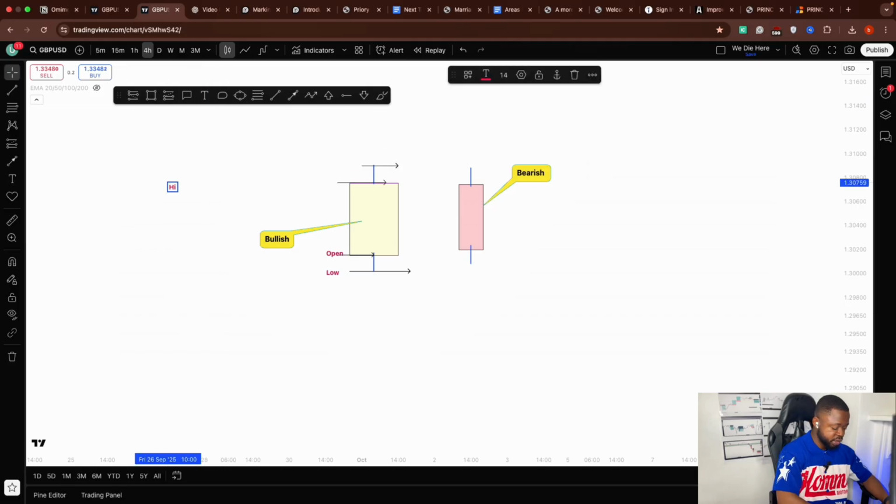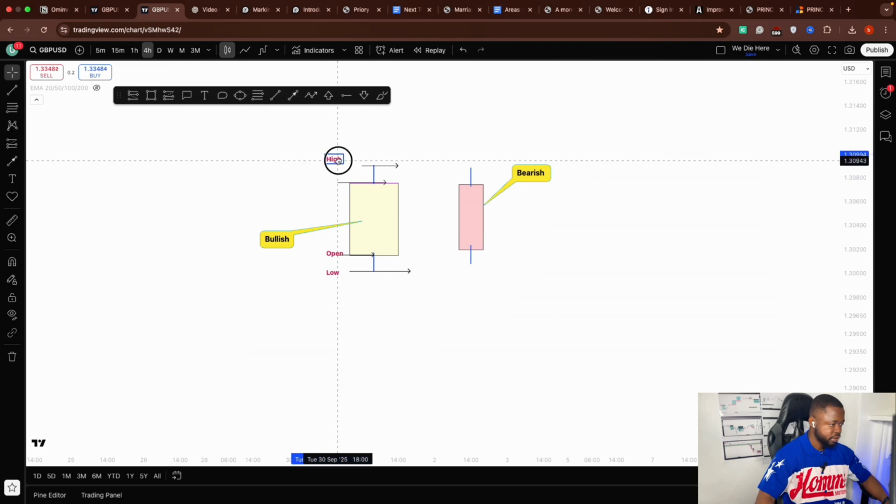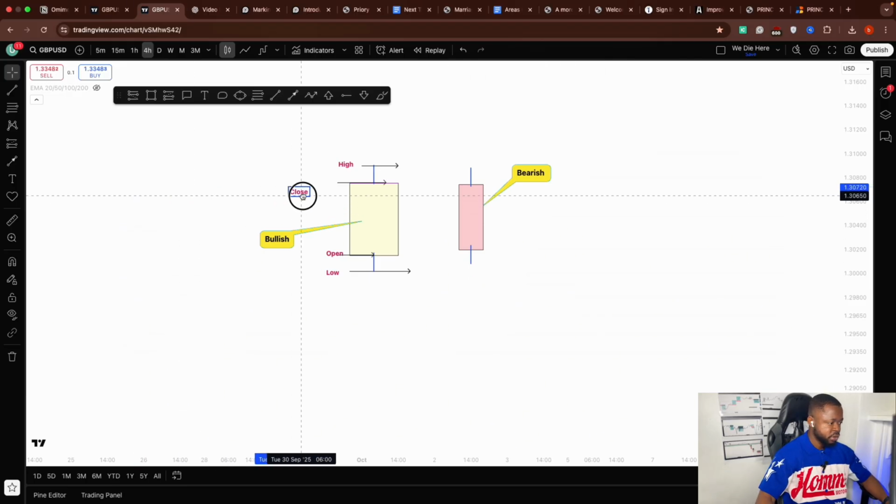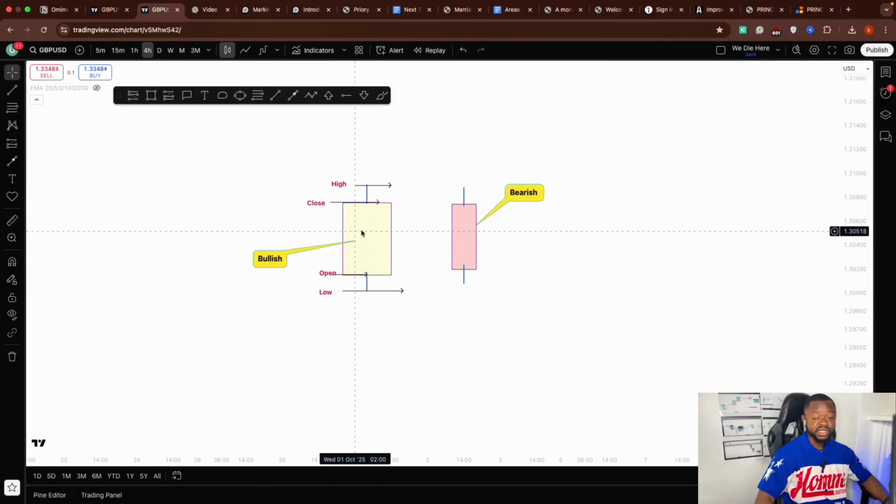This is going to be the high. And this is going to be the close. Now this is for bullish. It doesn't change. This is the low, this is the open, this is the close, and this is the high. The reverse is the case for the bearish candle.